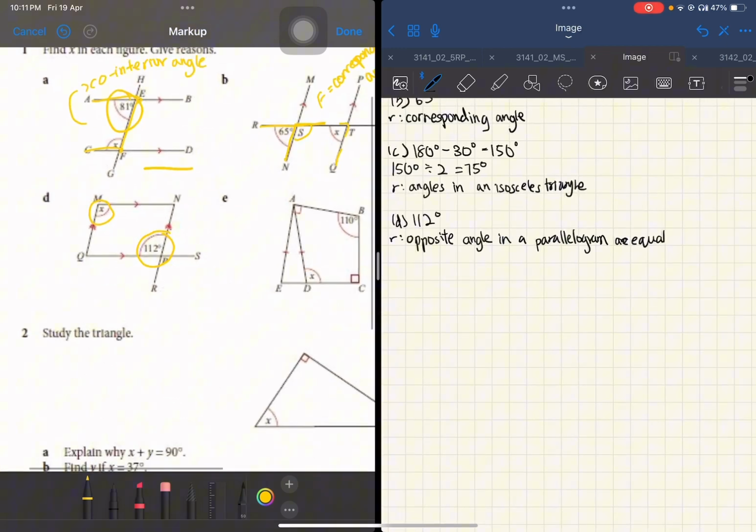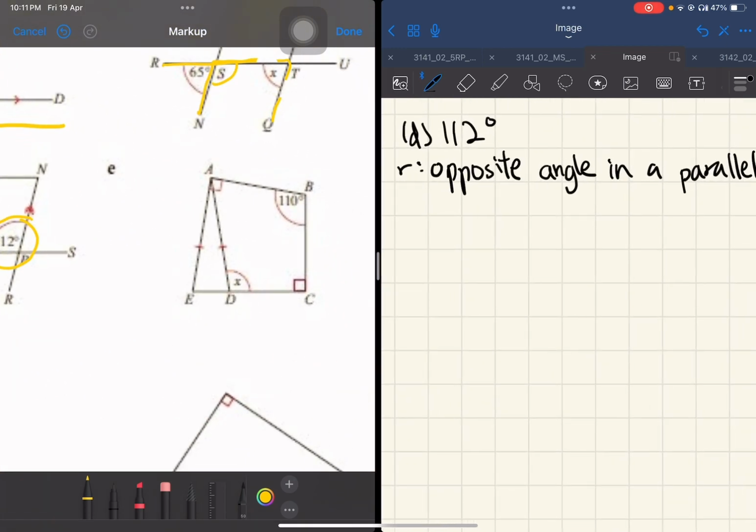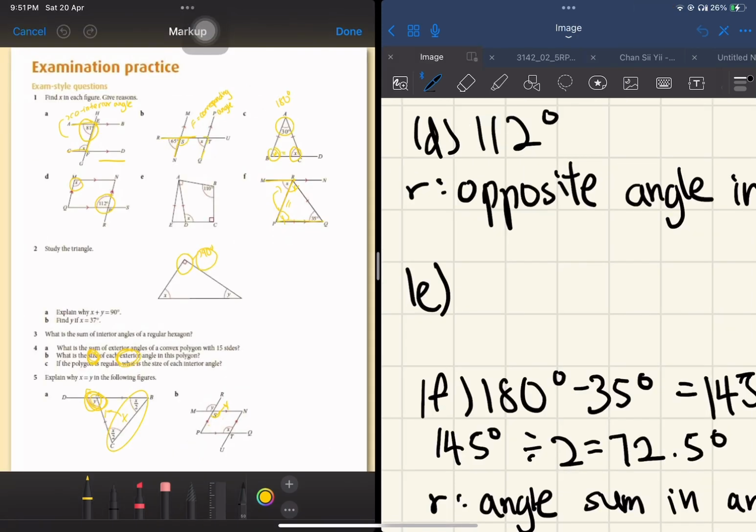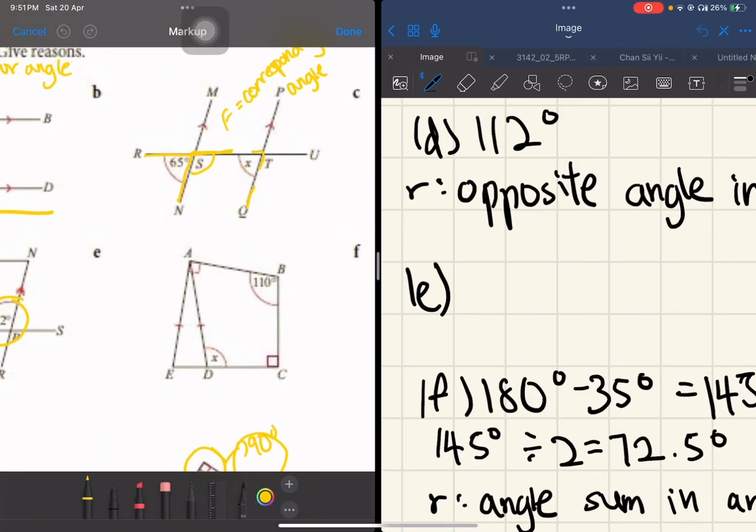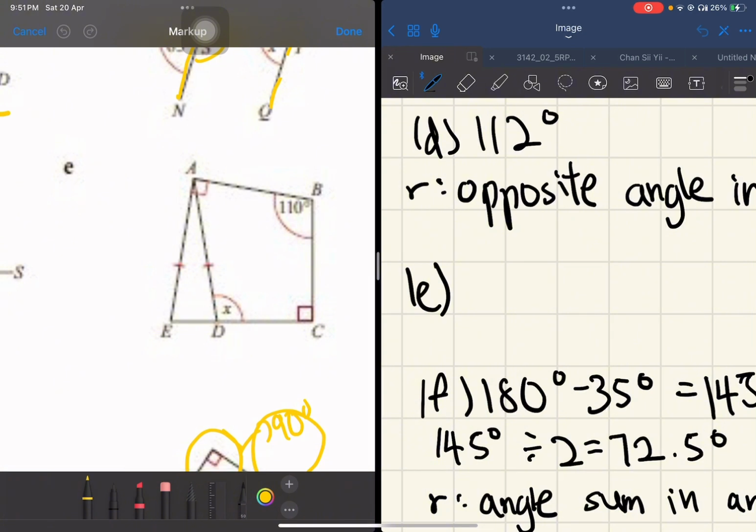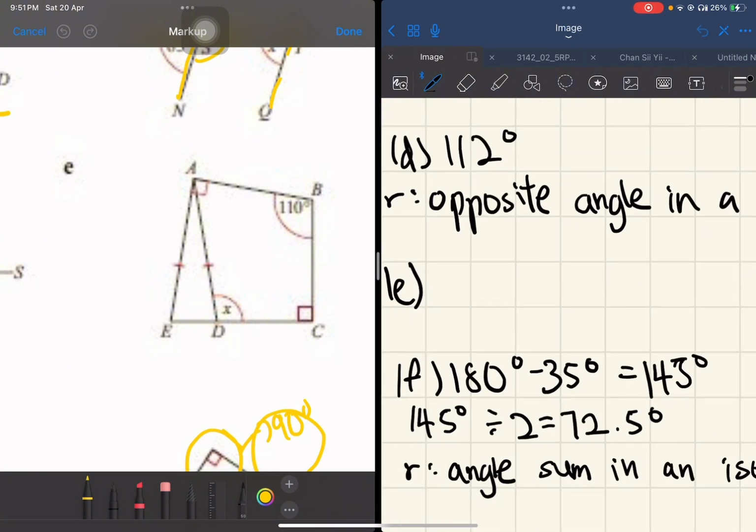Okay, question 1e. As you can see here, it is a quadrilateral, but this is an isosceles triangle. So first, let's find the angle in the quadrilateral.